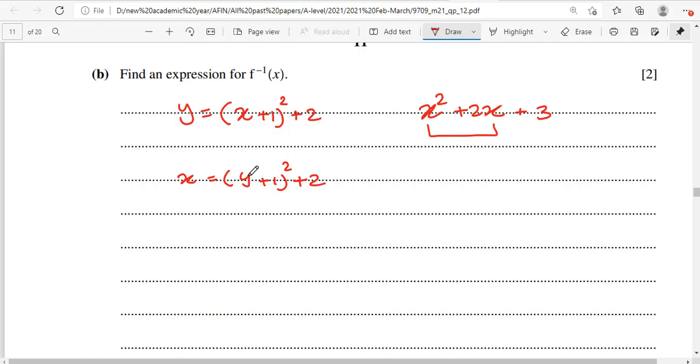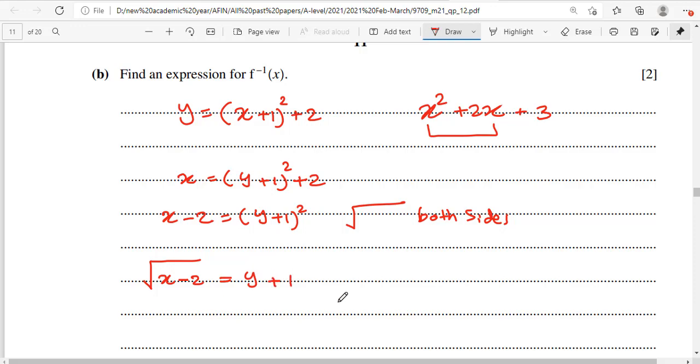Then in order to make y the subject, firstly we get rid of this 2. It will be x minus 2 equals (y plus 1) squared. Then to get rid of this power 2, we square root both sides. Then this side will be under square root, and this power 2 will be removed with the square root. What's remaining is just y plus 1.